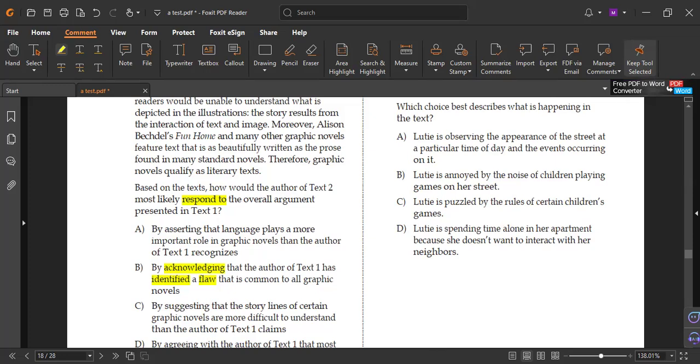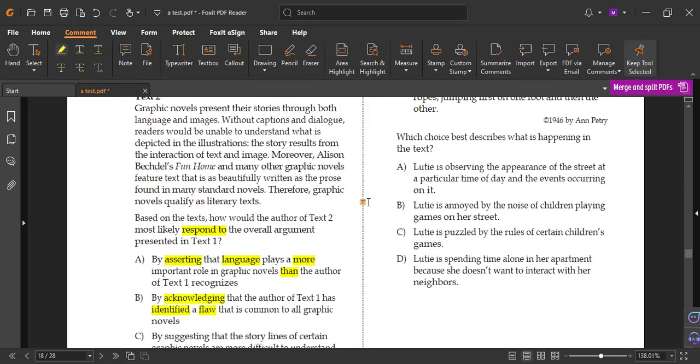But why not to be letter A? By asserting that language plays a more important role in the graphic novels than the author. So we have comparison. So language plays a more important role than the author of text 1. Where is that?